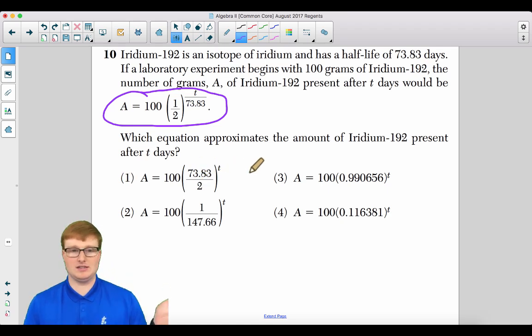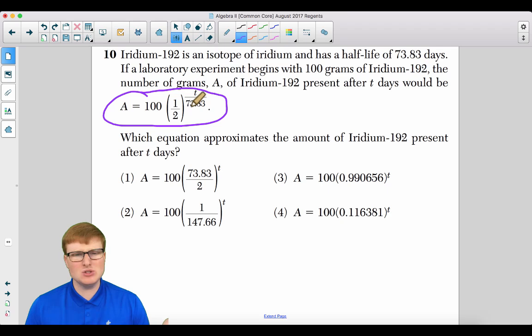Oh, I'll tell you. They want to confuse you and say, okay, 1/2 times 73.83 is 1 over 147.66. That breaks so many laws of mathematics. It's so not funny because it breaks so many rules. And then where are they getting this from? 73.83, you move it into the numerator and divide by 2? No, that doesn't make any sense.